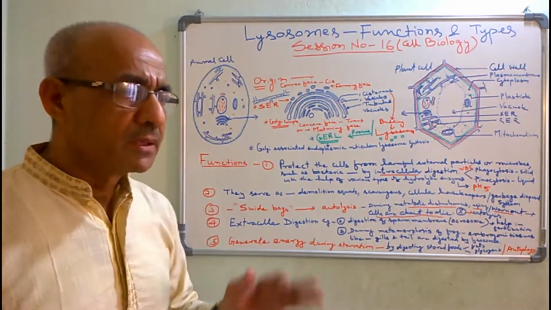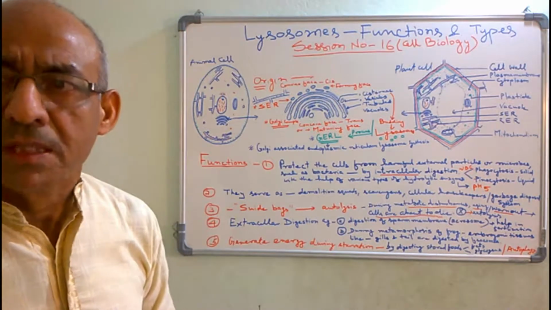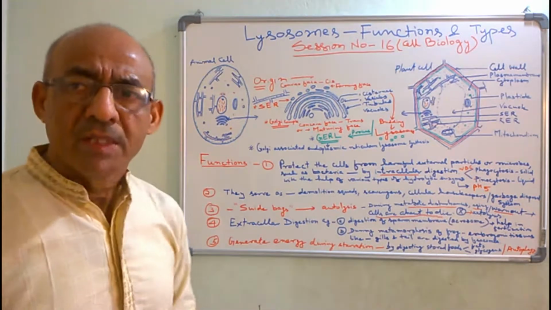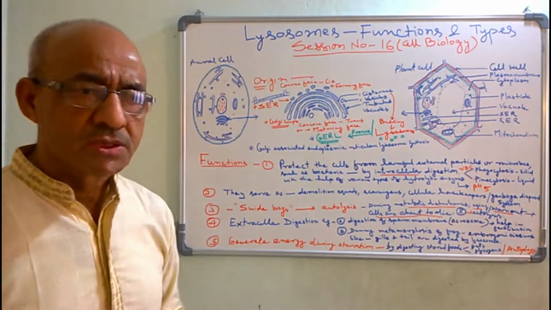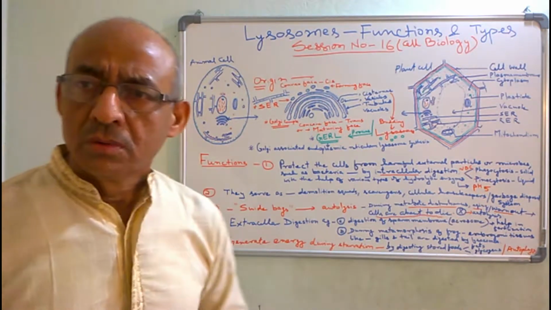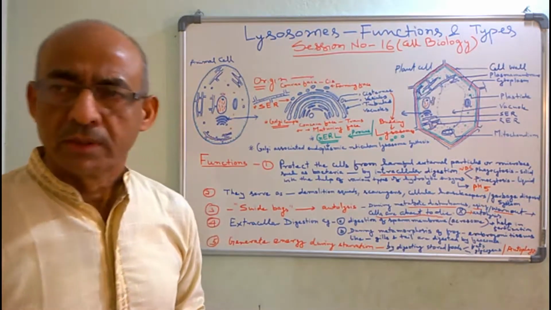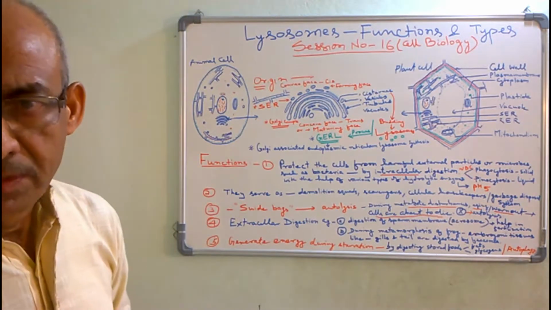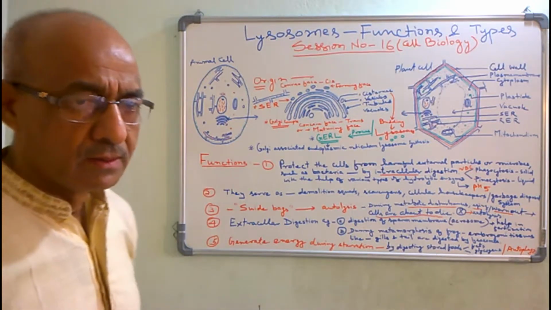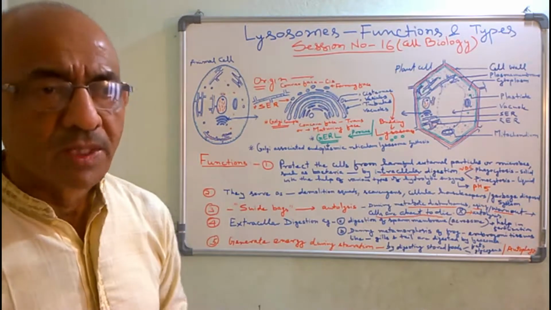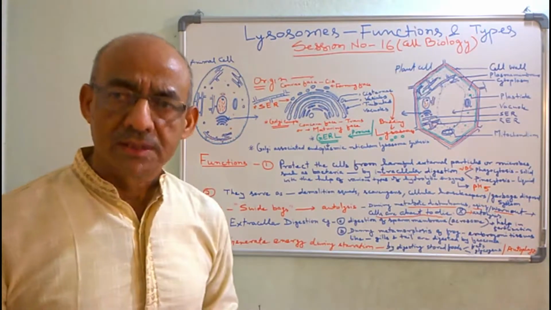Whenever certain contents of the cell, certain cell organelles, get damaged or worn out, the lysosomes digest those cellular contents and cell organelles with the help of their digestive enzymes and facilitate replenishment inside the cell, so that replacement of those cellular contents and cell organelles may take place inside the cell.